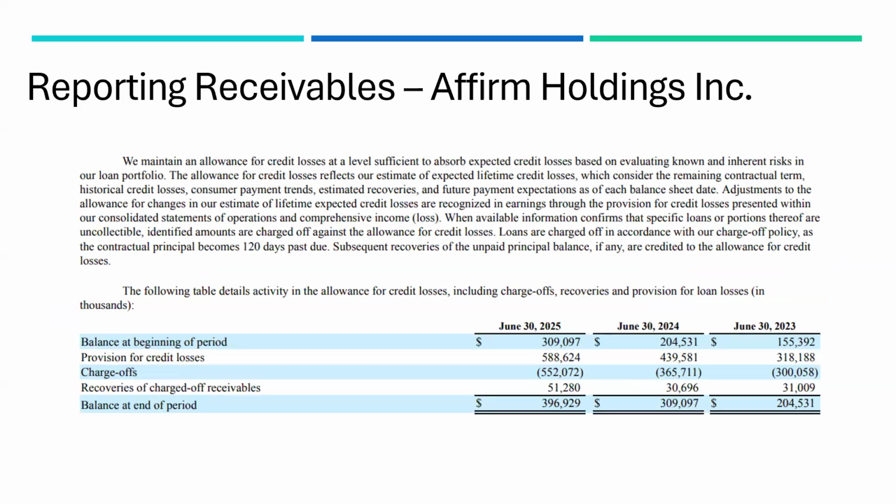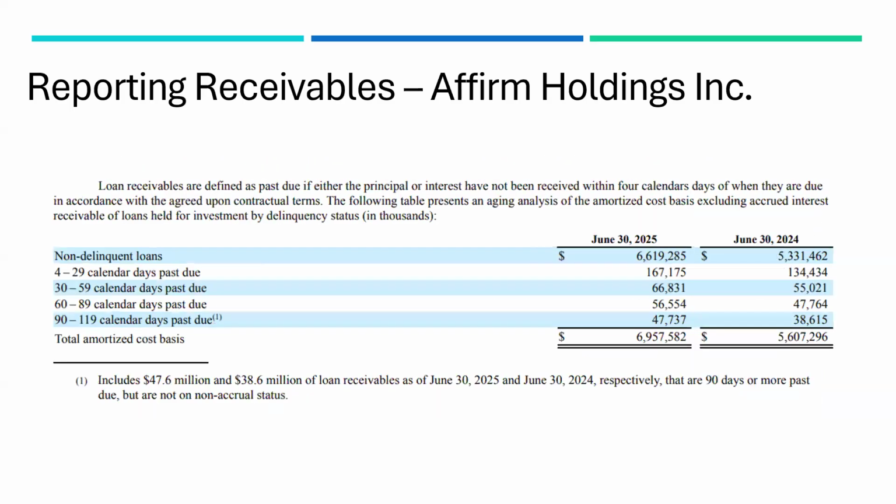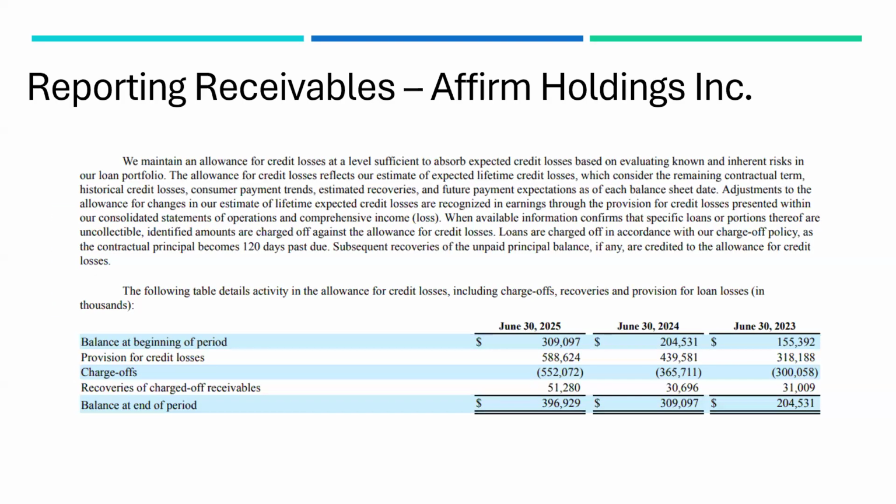And then they also have their allowance. So they have their total receivables, which looks like about 7 billion. And then at the end of the period, their provision for credit losses was about 400 million.